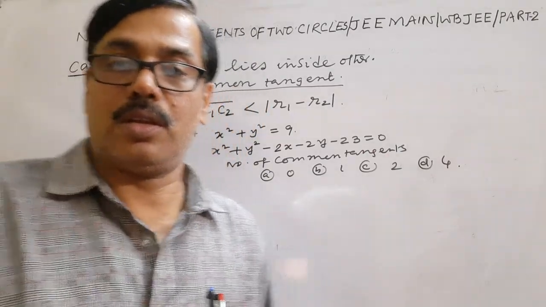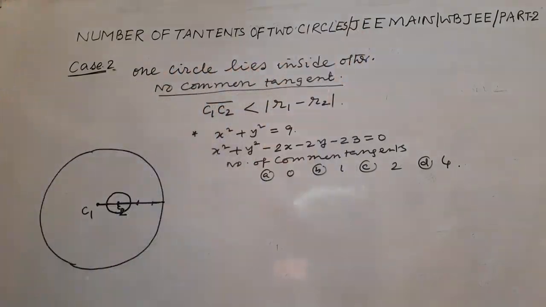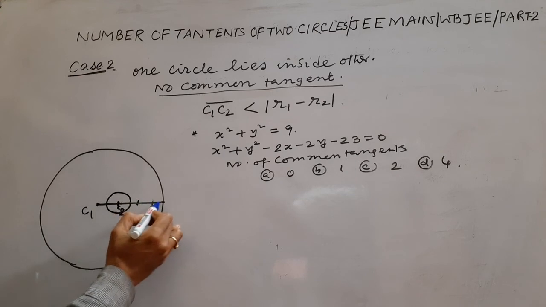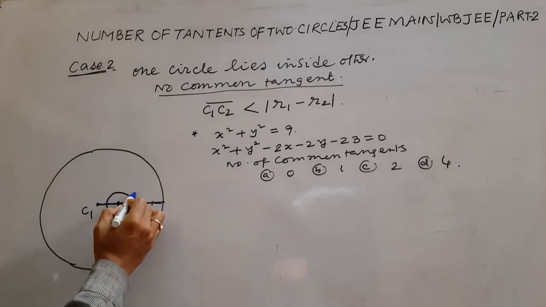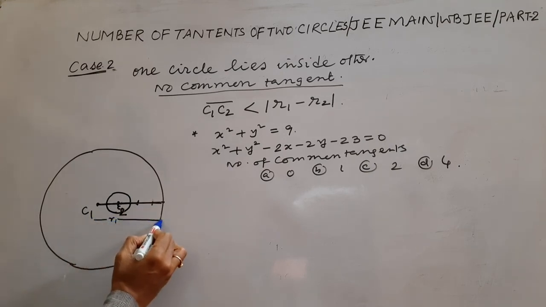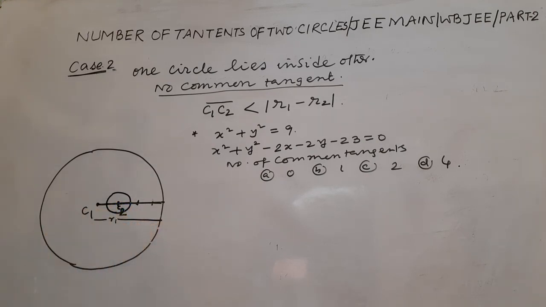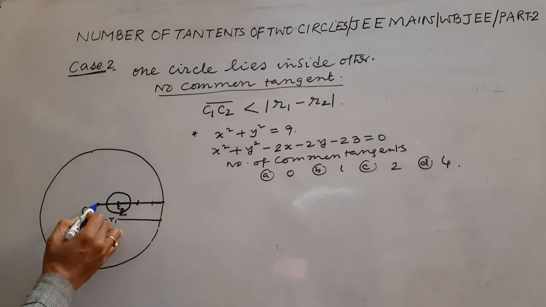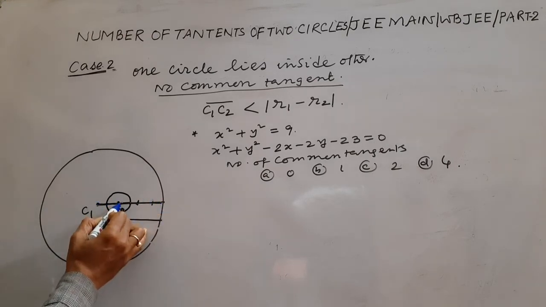Look, one circle lies inside the other. So this is circle 1, center C1 of radius R1, and this is circle 2, center C2, radius R2. So C1C2 is this distance, and this one is R1 and this is R2.